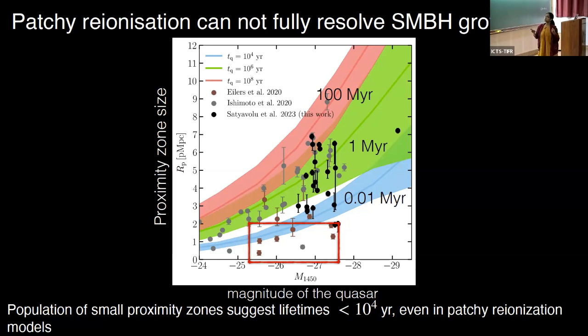As you can see here, most of the measurements are consistent with a 1 megayear or 100 megayear lifetime, but there are still certain outliers that require a lifetime of less than 10,000 years, although this fraction is now smaller after incorporating the patchy IGM as compared to the uniform IGM models. So patchy reionization can mitigate this crisis, but cannot fully resolve it.